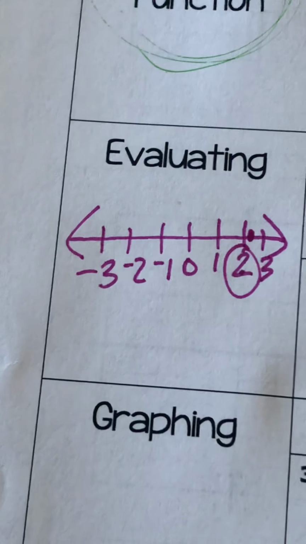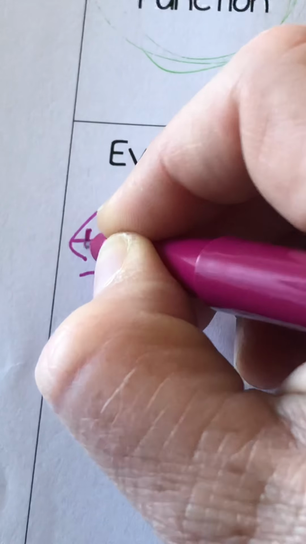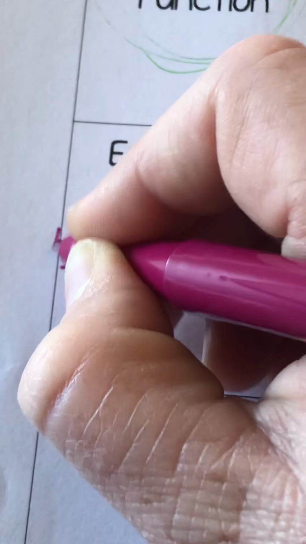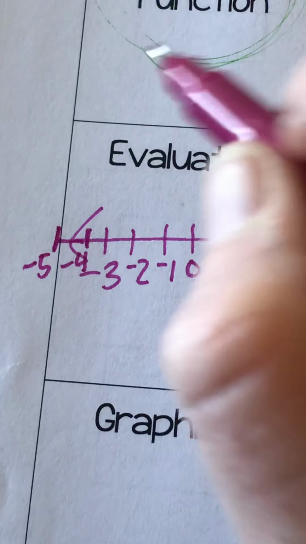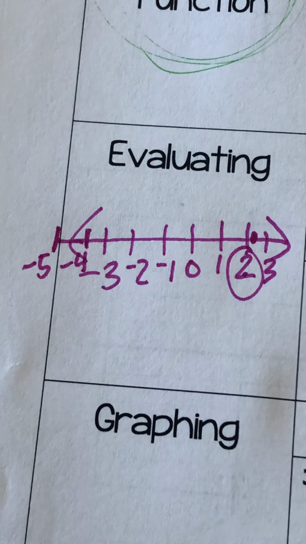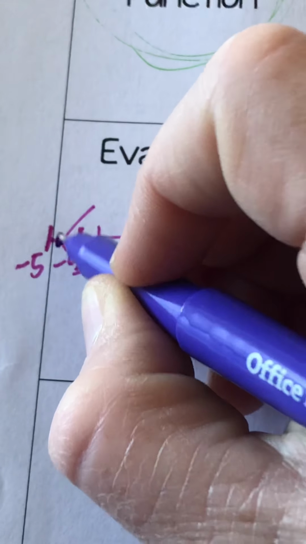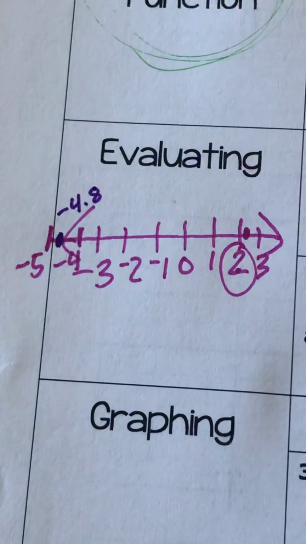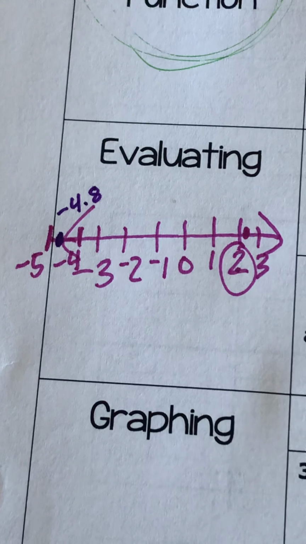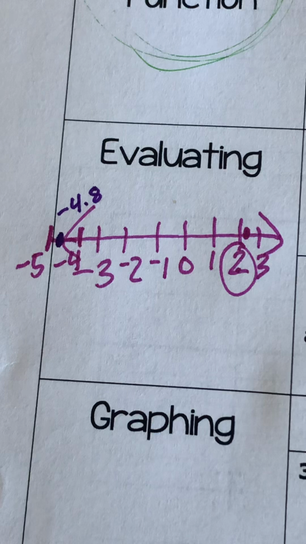So we have -3, -2, -1. Let's go to -4, and I'll extend it a little bit to -5. So -4.8 is here. I need the greatest integer that is less than or equal to it.